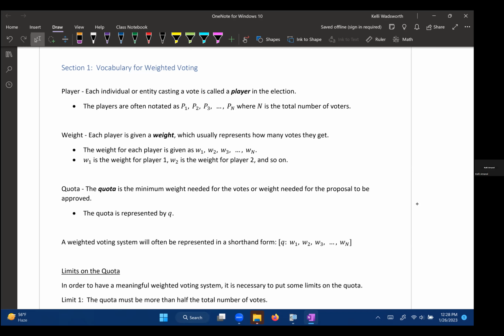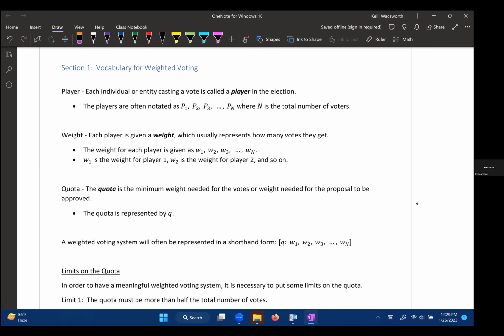If we're talking in generalities, we notate those players like this: P sub 1, which we would probably say P1 because it's much easier. P1 represents player 1, P2 represents player 2, and so forth. You'll see in a minute that in the weighted voting system itself, we don't use the P's, but we might want to refer to player 1, player 2, player 3, and having a way to do that in general is very nice.